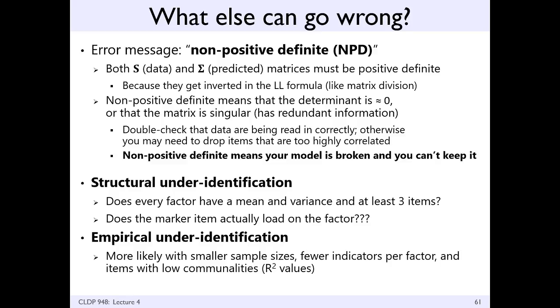It decided that a correlation needed to be greater than 1, or a standardized loading needed to be greater than 1. Its solution that made your data the tallest is improper, is inadmissible. So when you see these words, you've got to stop and try to figure out where the problem is, see if you specified something incorrectly or whether it's just the data.